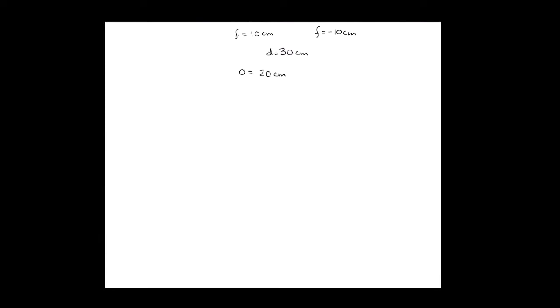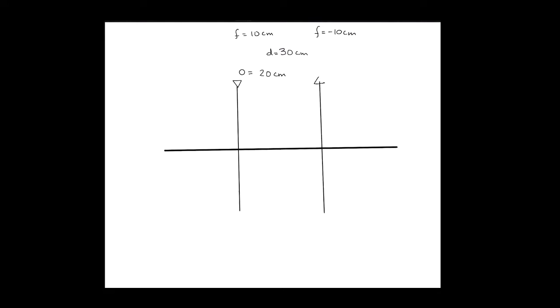So let's keep the same criteria, but now I'm going to have my negative lens before my positive lens. Note for my lenses, I am making these empty. The triangles are empty because these are for my lenses.